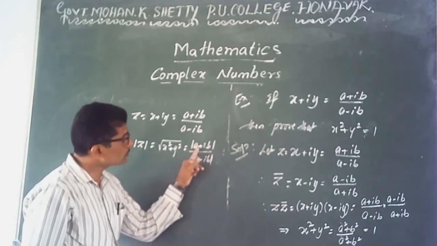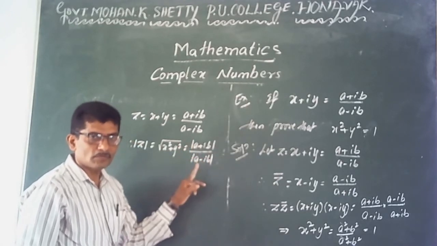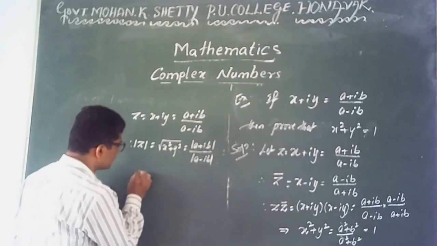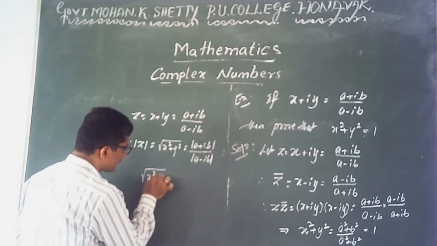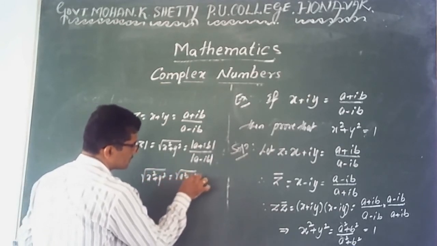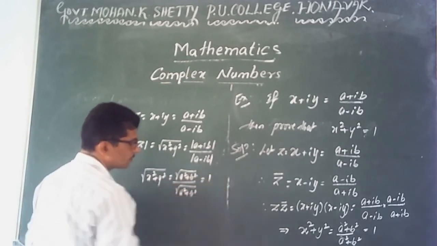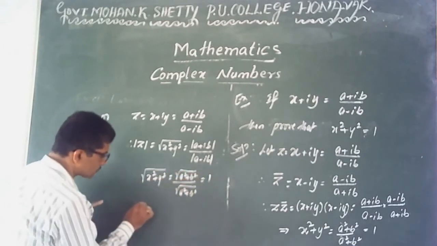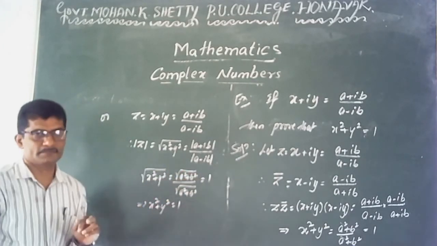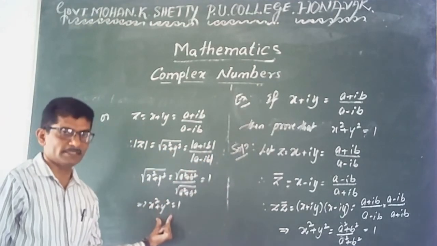You know that the modulus of the given complex number is equal to the modulus of its conjugate, so its value is root of x square plus y square is equal to root of a square plus b square divided by root of a square plus b square. Its value is 1. Squaring both sides, you get x square plus y square is equal to 1. Either using the conjugate or the modulus, you get the result.